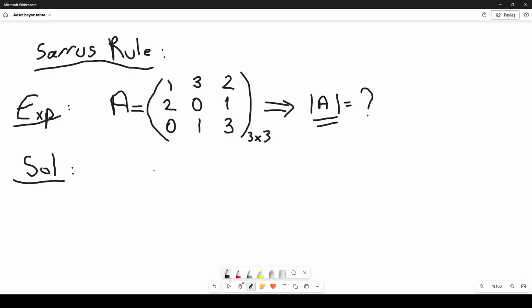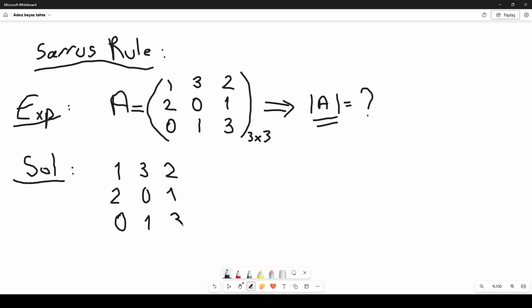Let's proceed to the solution and how we can apply this technique. There are two possible ways. The first way is, first of all, write all the rows as they are: 1 3 2, 2 0 1 and 0 1 3.